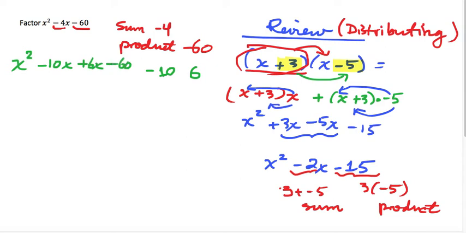So let me separate here what we're trying to do. The negative 10x and the positive 6x give us negative 4x. So all I've really done here is applied this idea of finding two numbers with a product of negative 60 and a sum of negative 4.